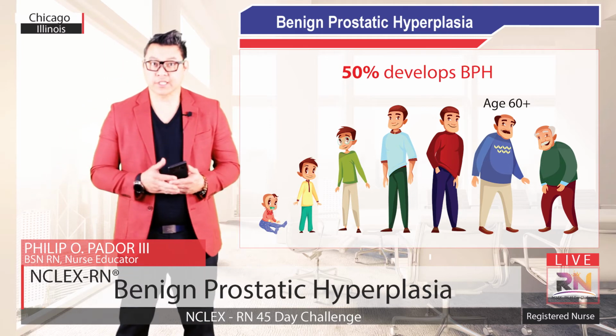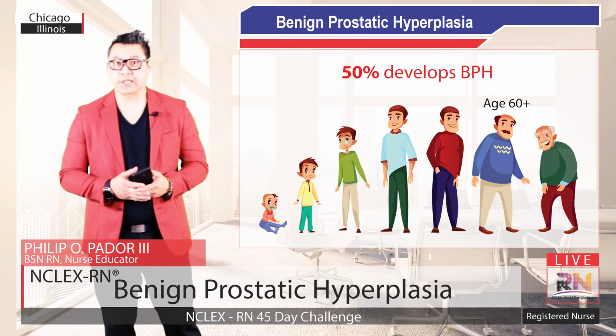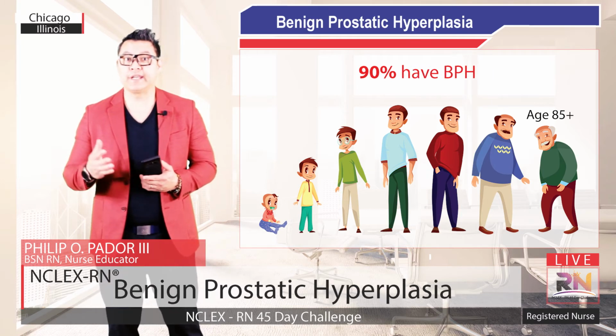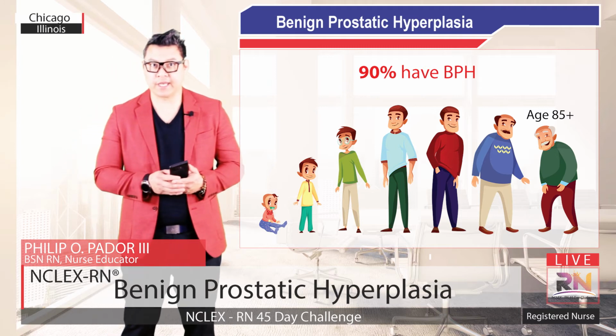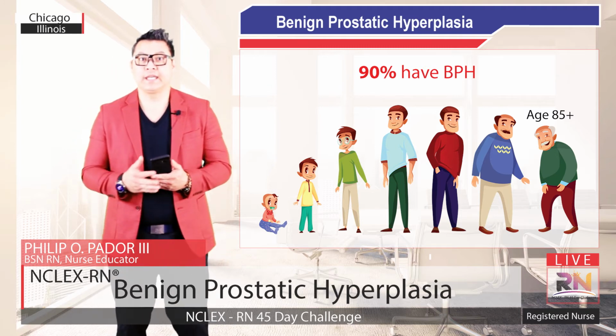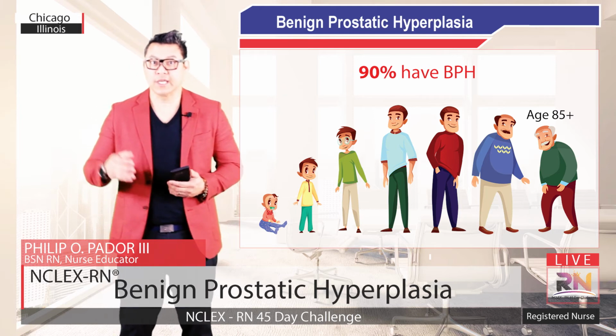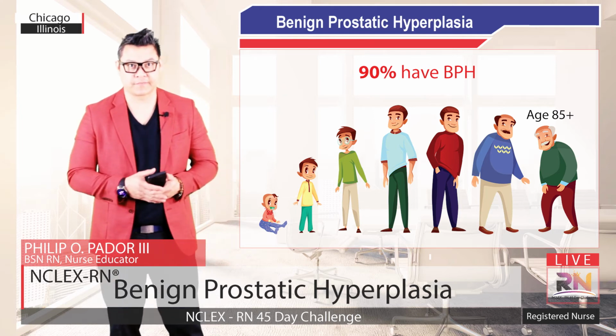This is a normal process of aging, and around 50% of men develop BPH by the age of 60 and over 90% of them by the age of 85. Fortunately, in BPH, there's no increased risk of developing cell mutations that lead to prostate cancer.